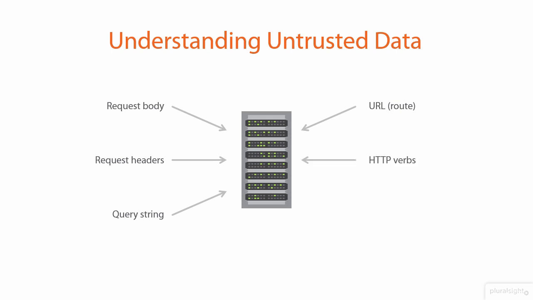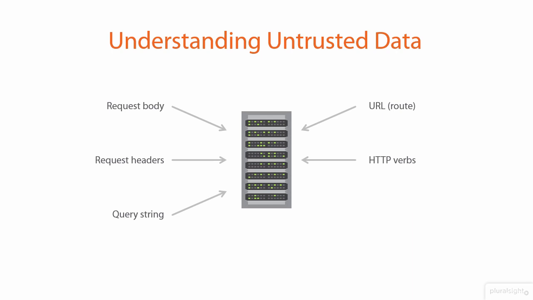Another source of untrusted data again is changing the HTTP verb. Now, I also touched on that in the introductory module. And in fact, I mentioned that in a very semantic HTTP implementation, you might support something like the delete verb in order to actually delete a resource. There's nothing to stop the attacker from changing a get verb for a specific resource to a delete verb.